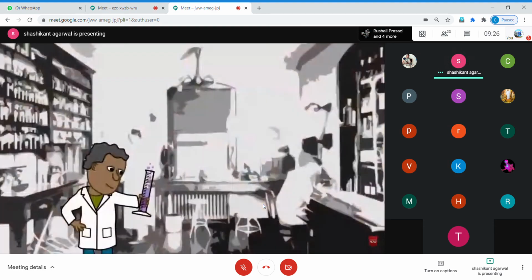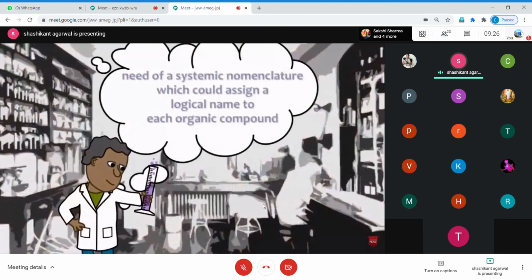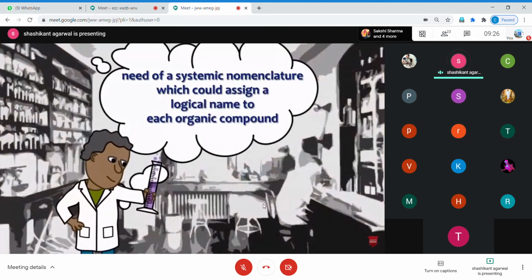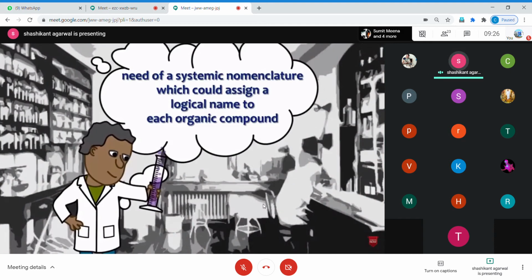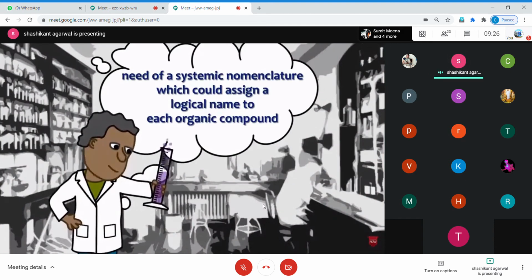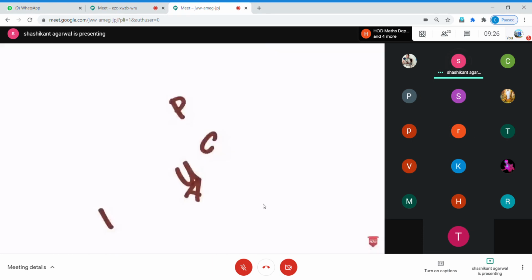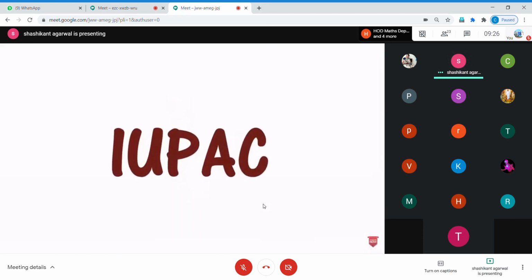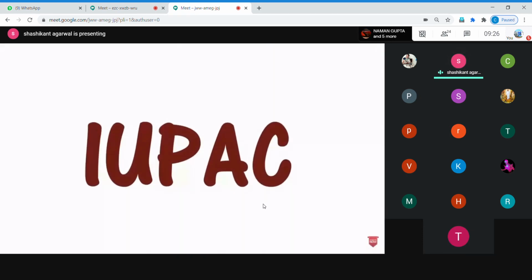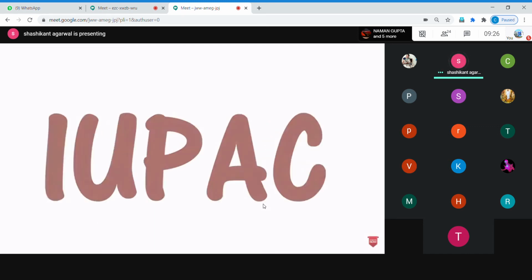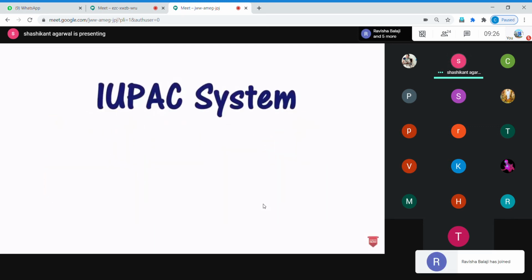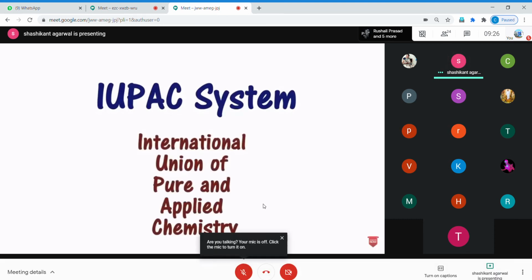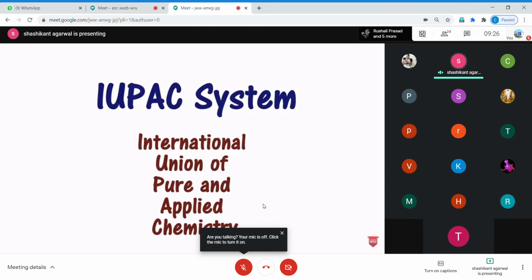This revealed the need for systematic nomenclature which could assign a logical name to each organic compound based on molecular structure. Therefore, a proper method was introduced to name organic compounds. This uniform system for naming compounds is called the IUPAC system, the International Union of Pure and Applied Chemistry. The IUPAC system of nomenclature provides certain rules and conventions for naming organic compounds.